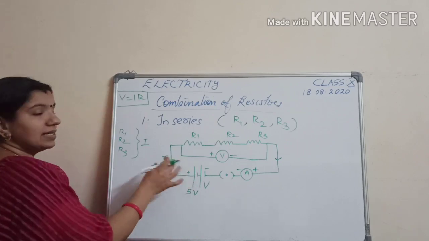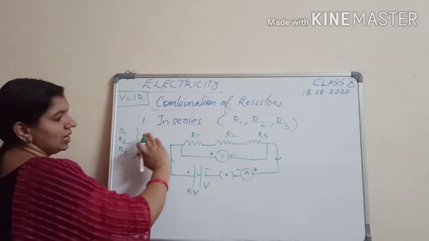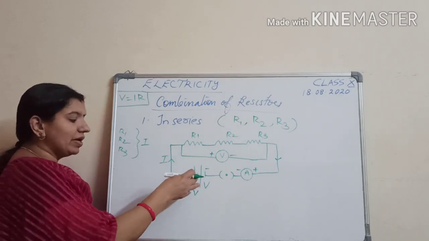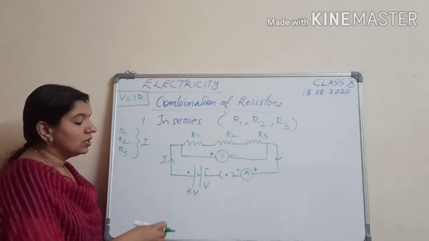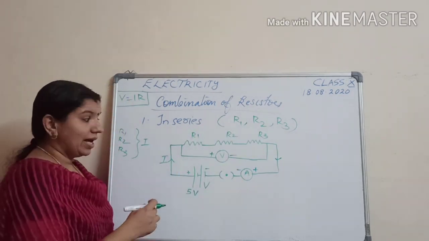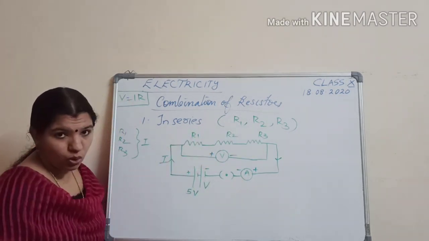So by connecting a cell, it will provide the necessary potential difference needed to drive this circuit. So if I am giving a 5 volt battery, the potential will be divided across the 3 resistors. That means I can measure it with the help of a voltmeter.